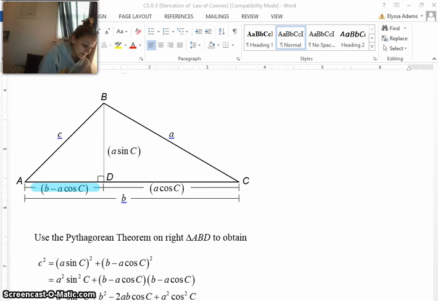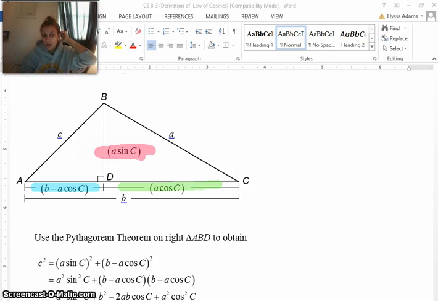Instead of y, we have a cosine c, which we found above. And for h, we have a sine of c, which we found above. Ooh, that's a lot of colors. There we go. So I just relabeled the diagram, kind of cleaned it up a little bit.